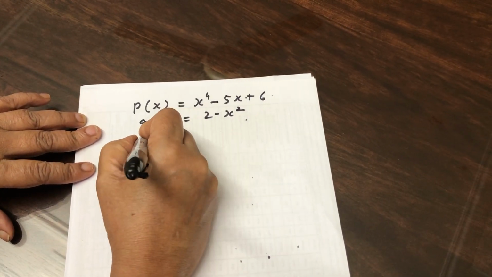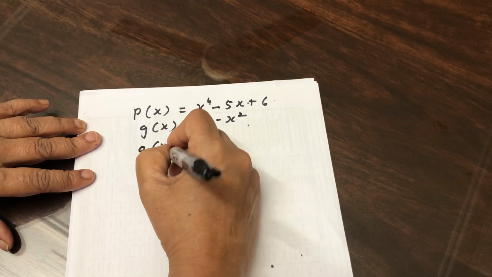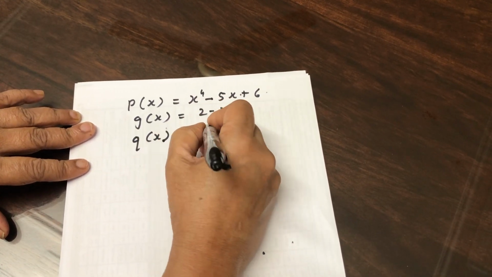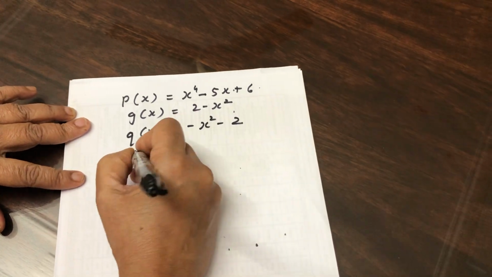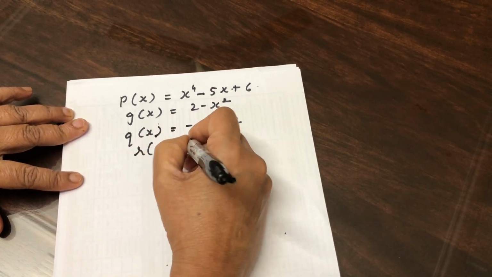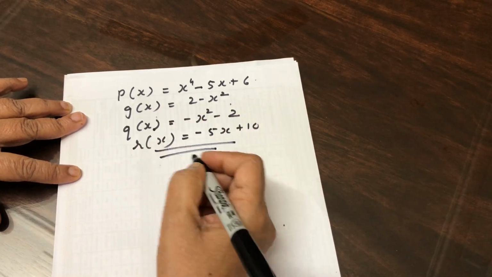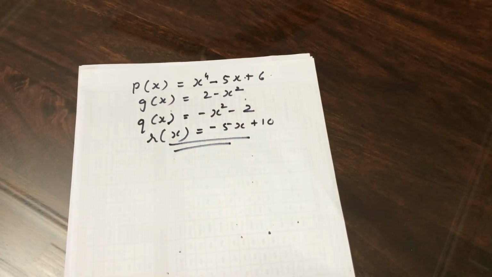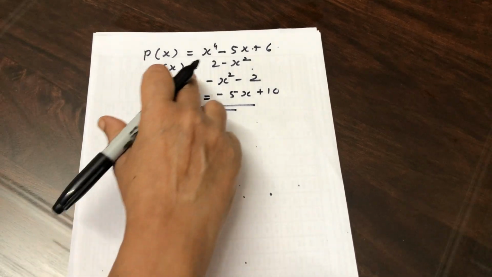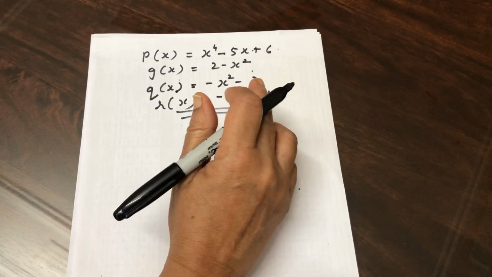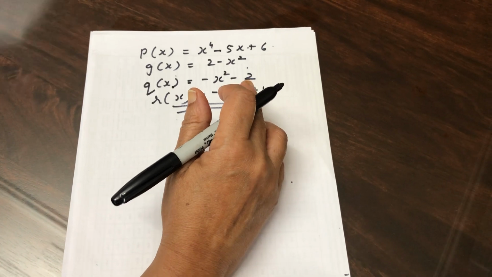Then qx is minus x squared minus 2. Rx is minus 5x plus 10. So we have divided px by gx. We got the quotient and the remainder. That is the first question, 2.3.